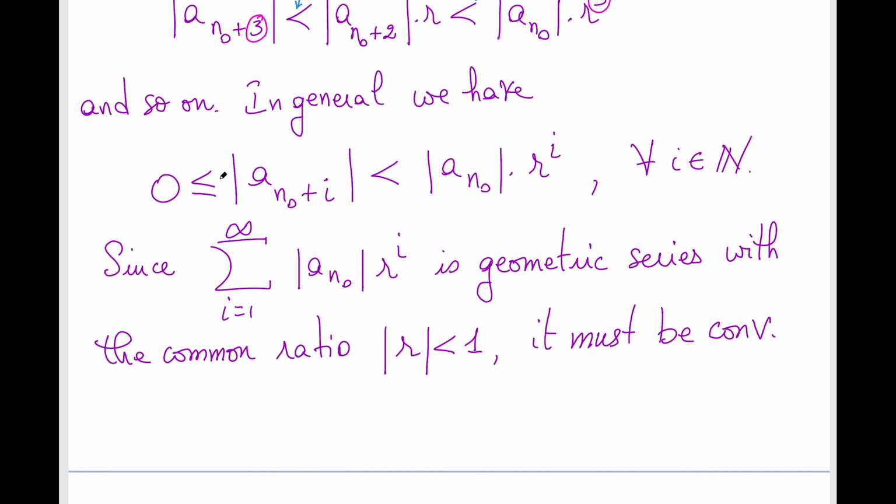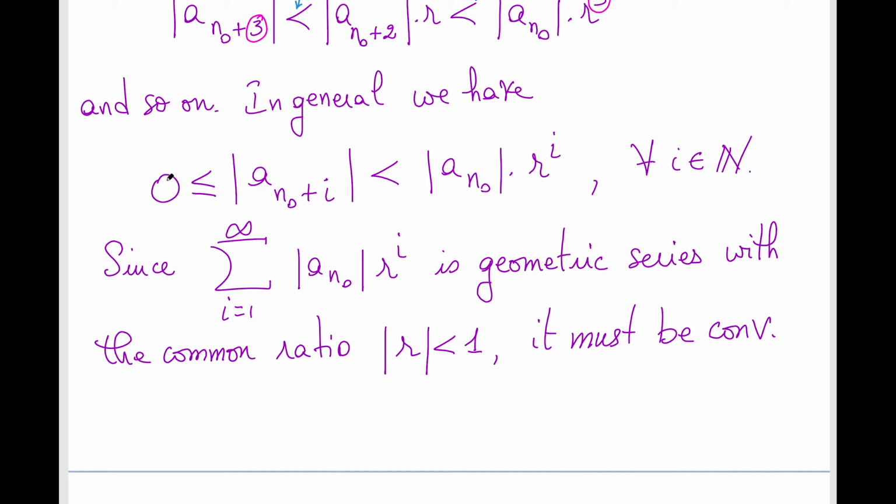So I hope this rings a bell. And by this, I'm referring to the direct comparison test. What does it say again? It applies only for positive terms, right? So for those which are not positive, I can throw them away, so make them all positive. Okay, but this is good enough. So remember the direct comparison test?